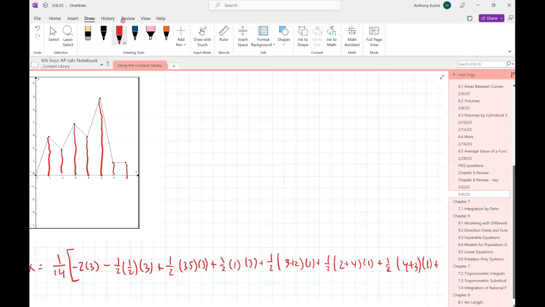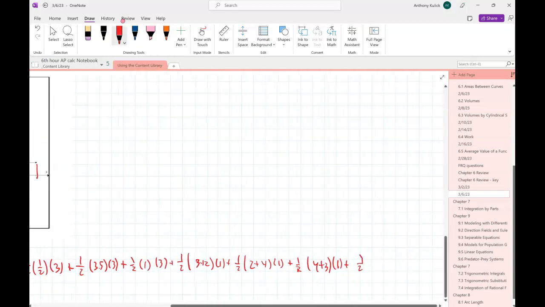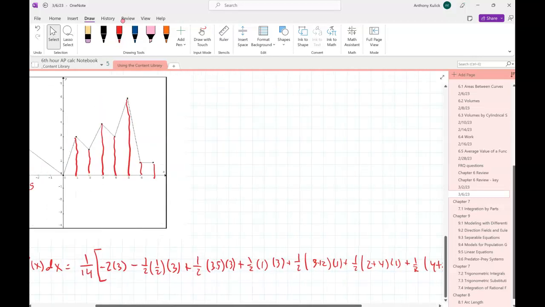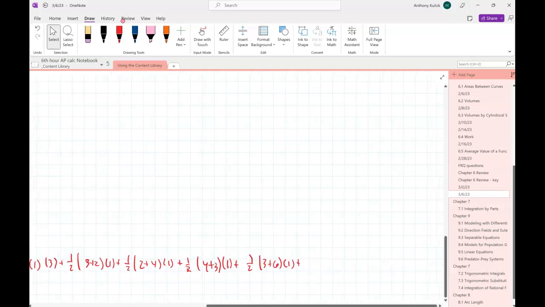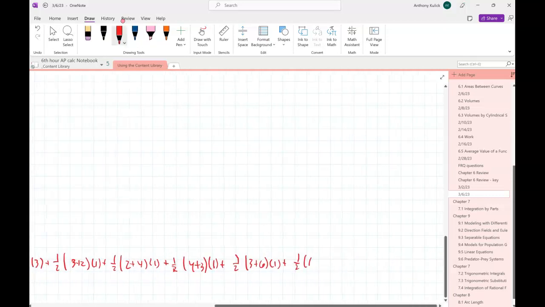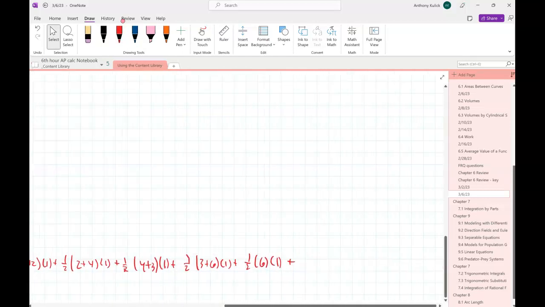that's 3 plus 6, and then that's a triangle there, that's 1/2, 6 times 1, and then plus that square, which is just 1 squared.